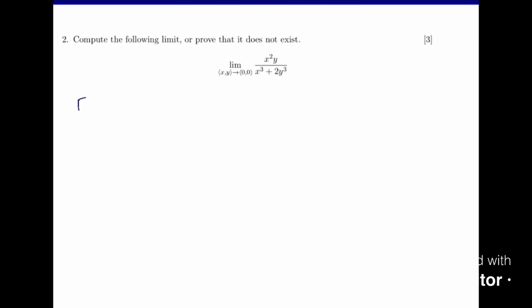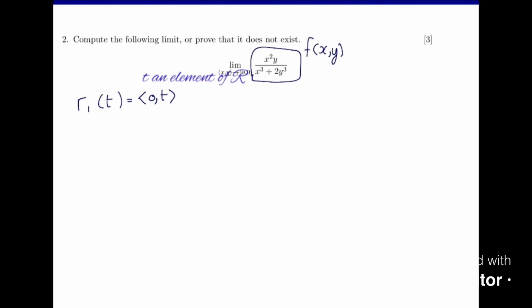So for instance, let's say I pick a path, I'll call it r1, such that it is equal to (0, t). Now, it will be pretty obvious that I'm not dividing by 0, but this will be 0, because if this is my f of (x,y), then f of r1 of t will be 0, so I don't even have to take the limit.